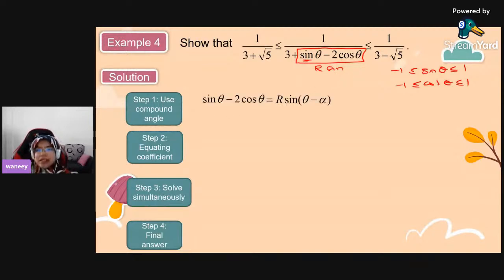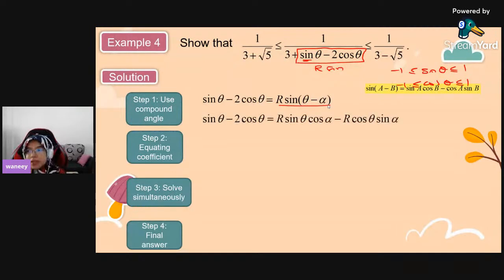Sine theta minus 2 cos theta is equal to r sine of theta minus alpha. Then you use the compound angle formula on the right hand side. So sine theta minus 2 cos theta is equal to r sine theta cos alpha minus r cos theta sine alpha.